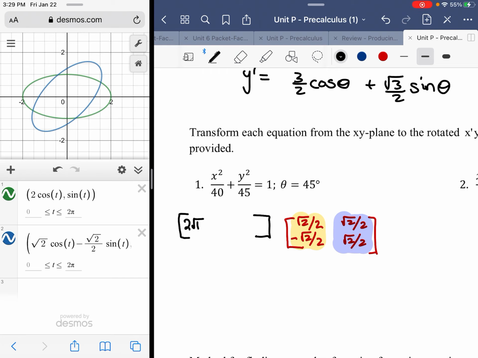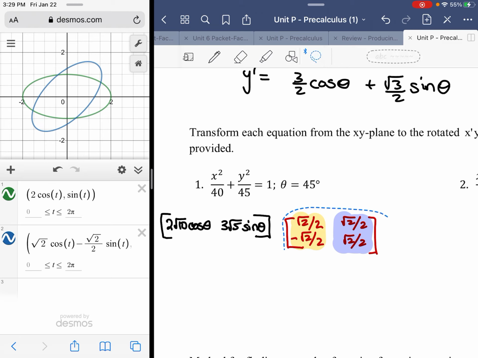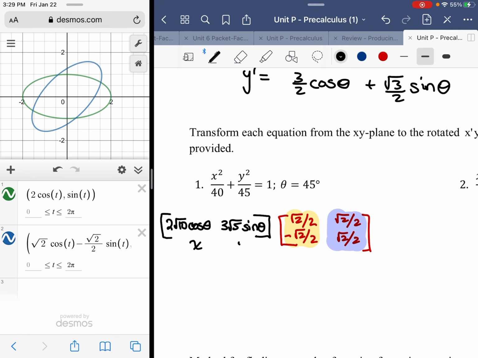I could say radical 40, but I'll write 2 radical 10 cosine of theta. I could say radical 45, but I'll say 3 radical 5 sine of theta. All right, so those are my x's and y's.